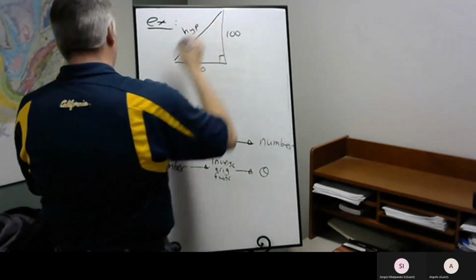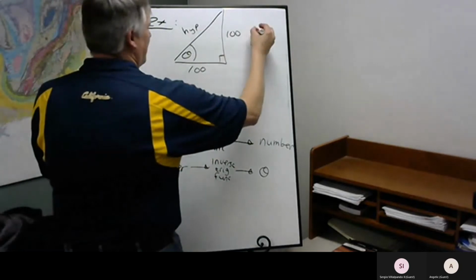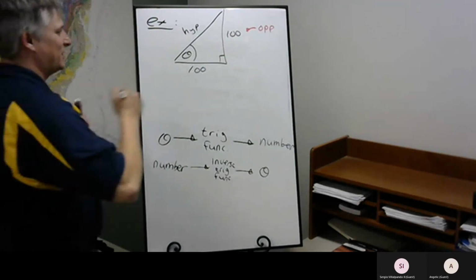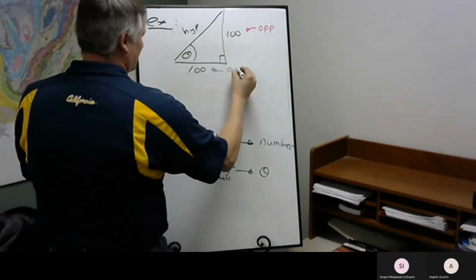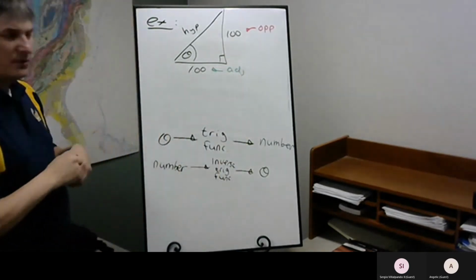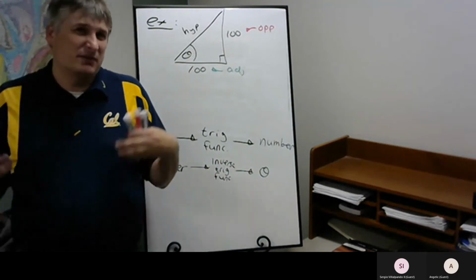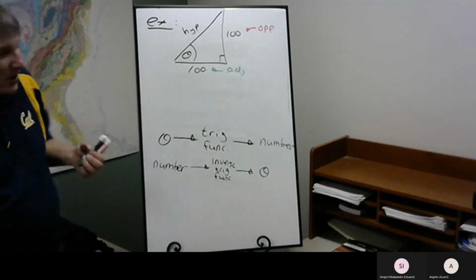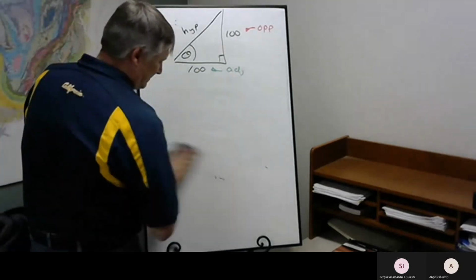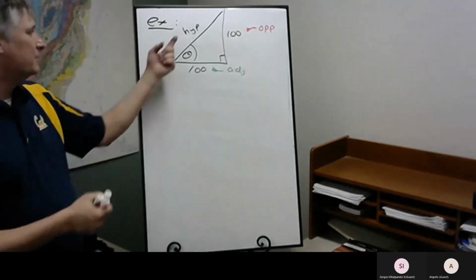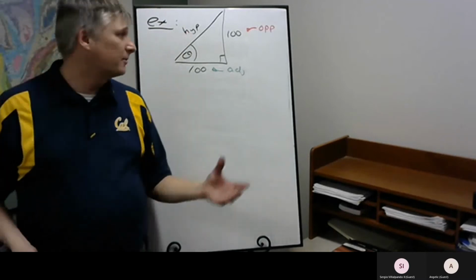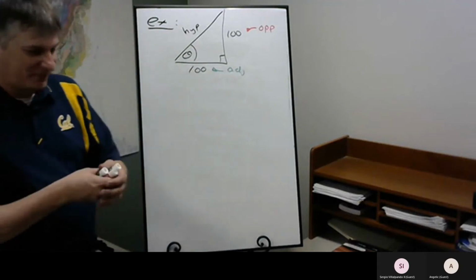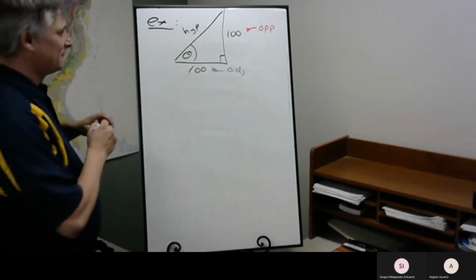So we have a hypotenuse, this is the opposite, here's the adjacent. The reason I know I'm going to use a tangent instead of a sine or a cosine is that I've got opposite and adjacent to work with. To use sine or cosine, I need the hypotenuse. I could use the Pythagorean theorem to find that, but it's a little more work, so I'm not going to bother with it. But you could do it.